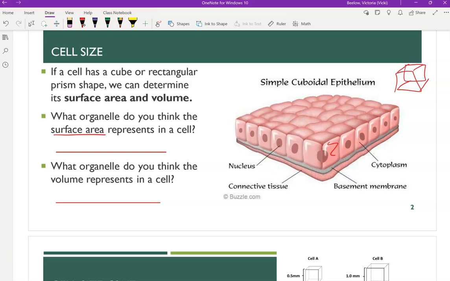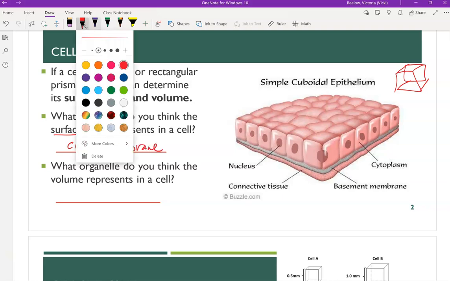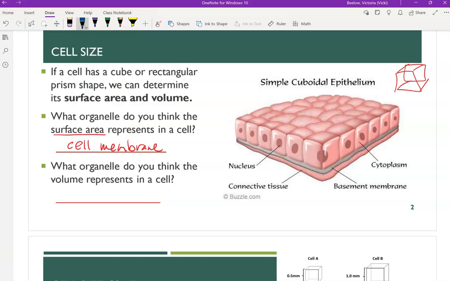So the thing that surrounds the cell, all cells, is the cell membrane. So that'd be analogous to the surface area. The volume is the stuff that fills the cell, and that would be analogous to the cytoplasm or the cytosol. We use those interchangeably.